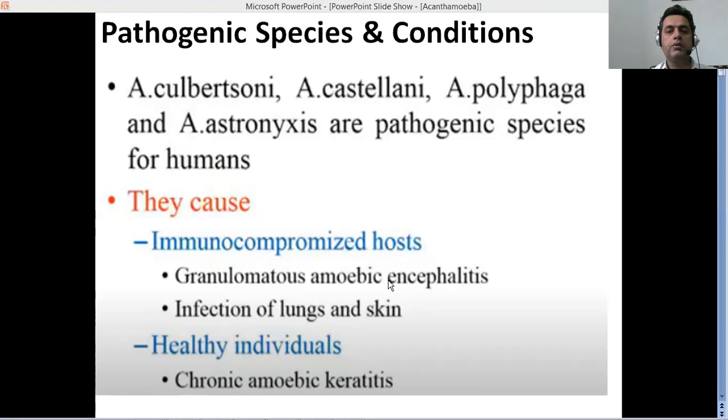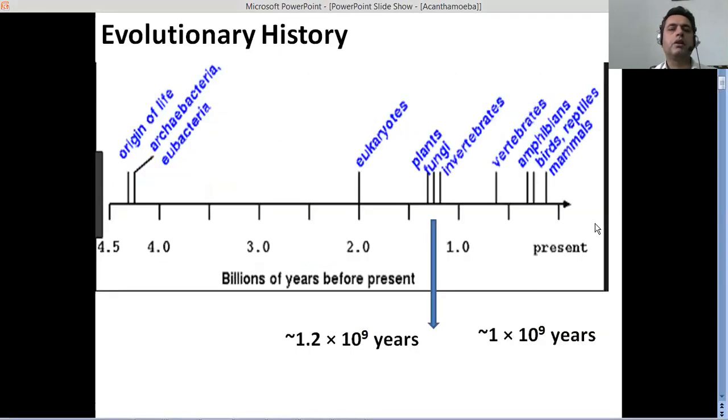And in healthy individuals, it is causing chronic amoebic keratitis, which is also a very fatal condition. It's inflammation of the eye, and we would discuss this particular condition in this presentation as well. And the other conditions would be discussed in the following presentation.